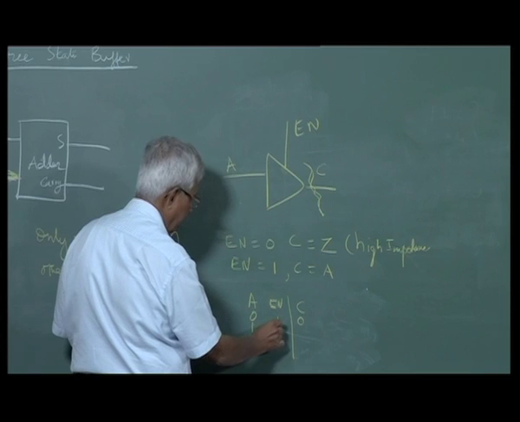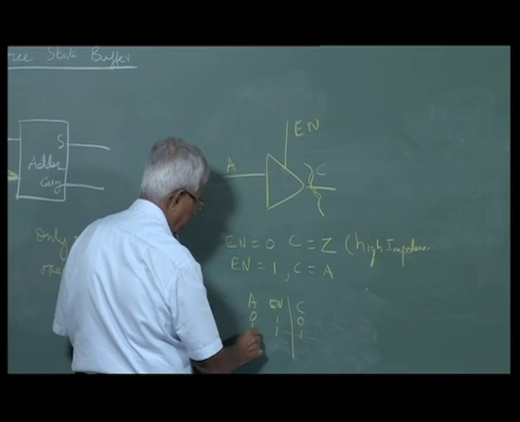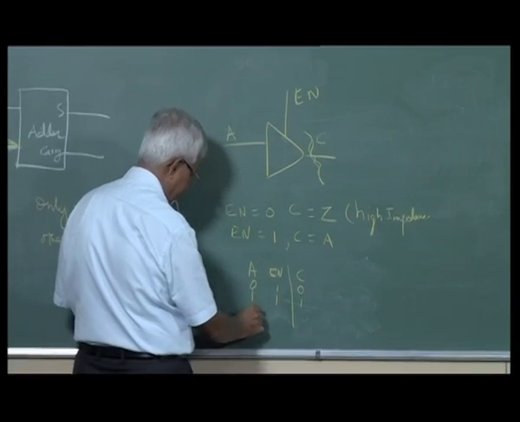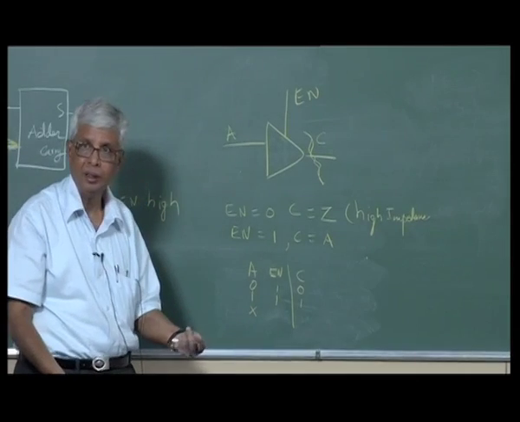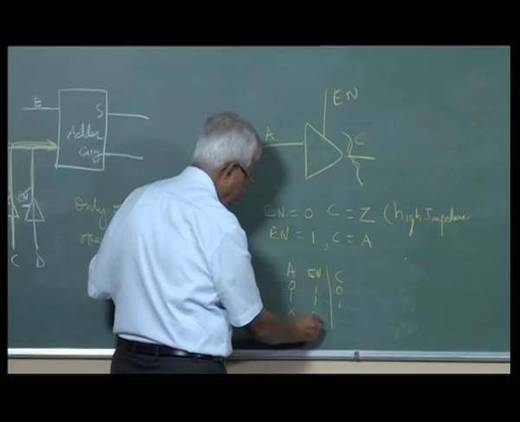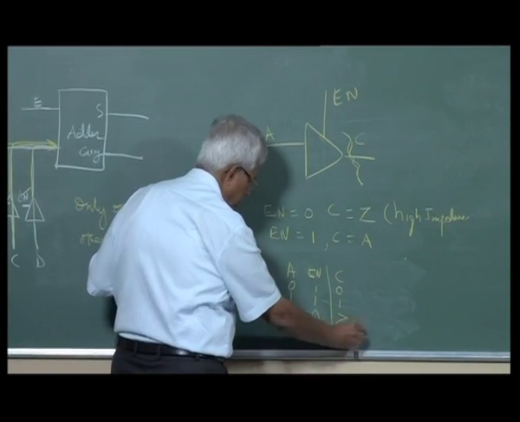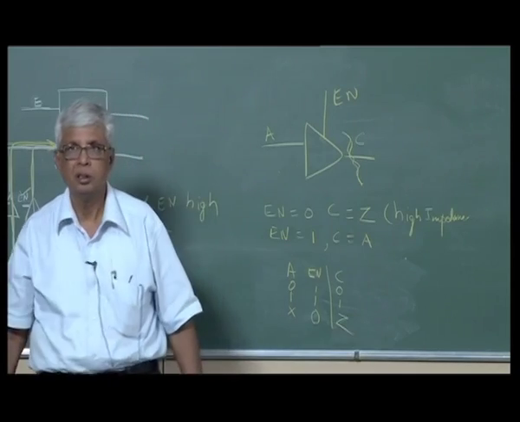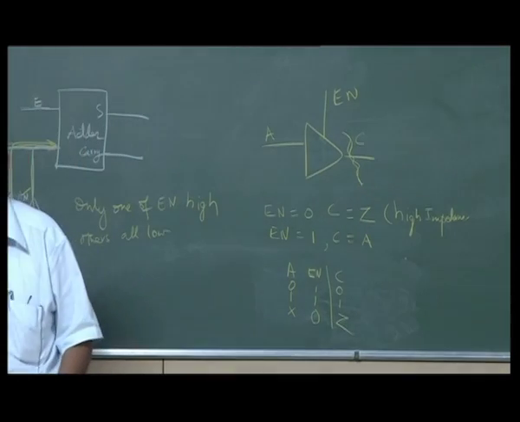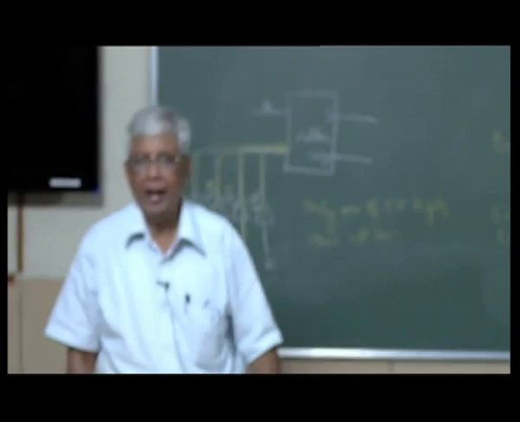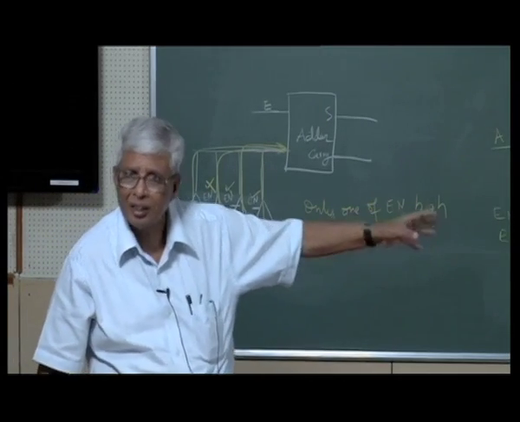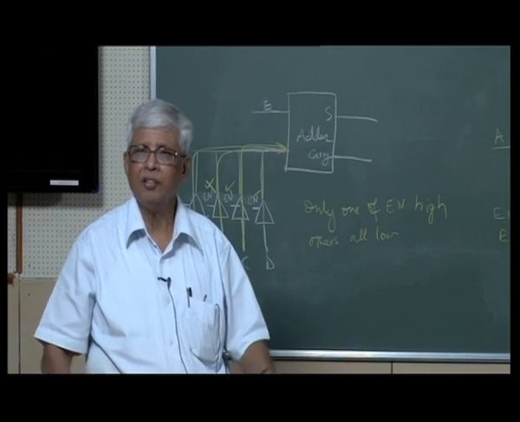A is 1, enable 1, C is 1. A is whatever, 0 or 1, but enable is 0, then C is Z. Z stands for high impedance, meaning as if the connection doesn't exist. It's very, very high impedance.